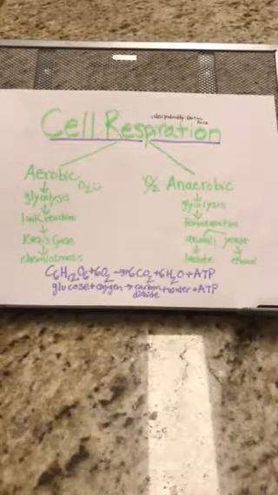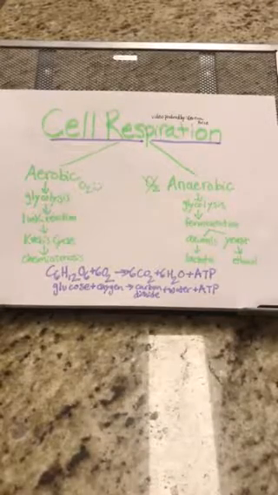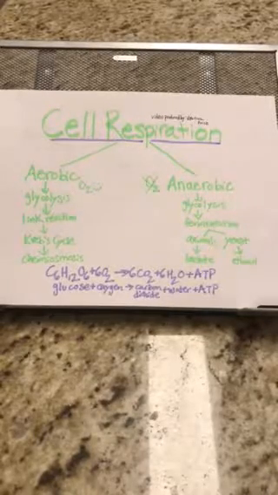The overall process of cell respiration can be outlined by the following equation. C6H12O6 plus 6O2 yields 6CO2 plus 6H2O plus ATP, or glucose plus 6 oxygens yield 6 carbon dioxides and 6 waters plus ATP.